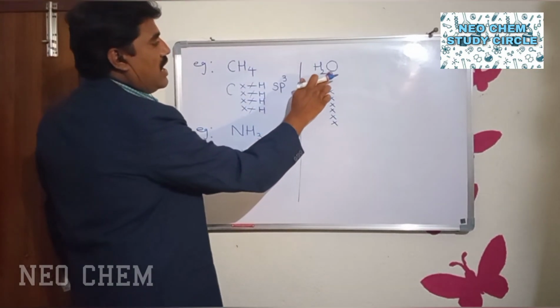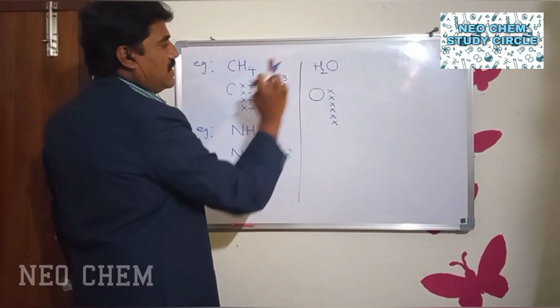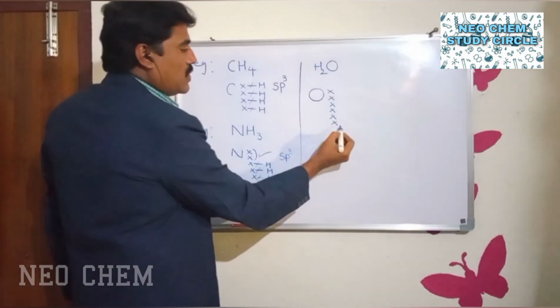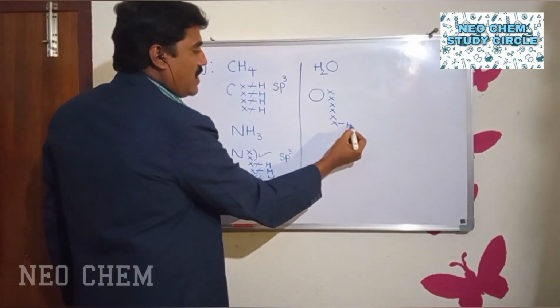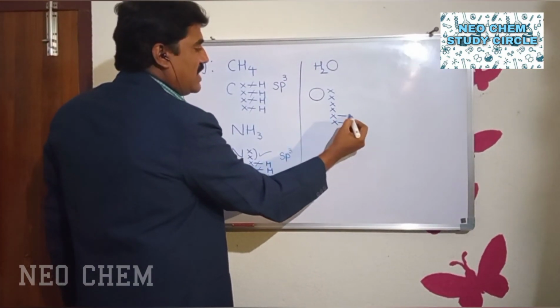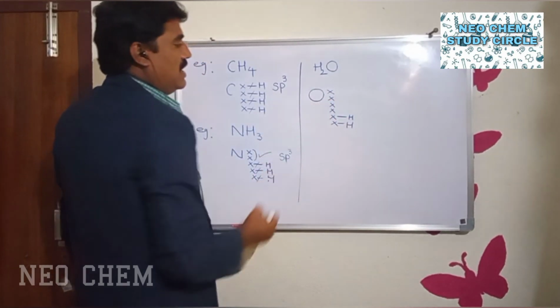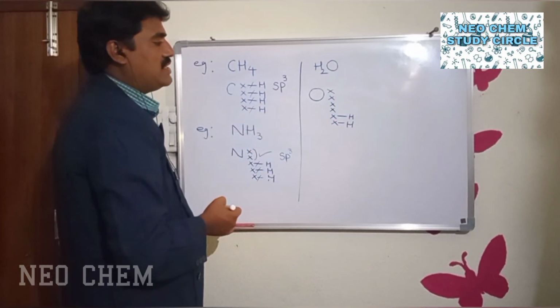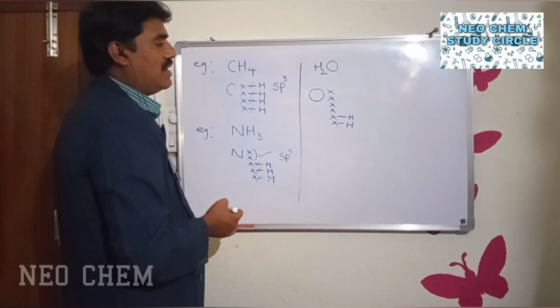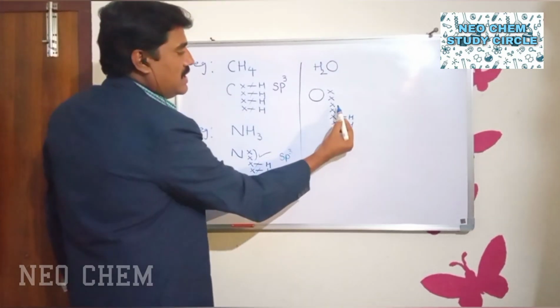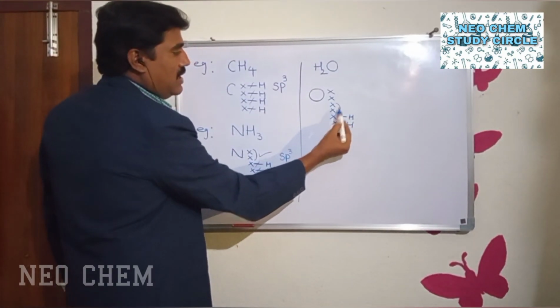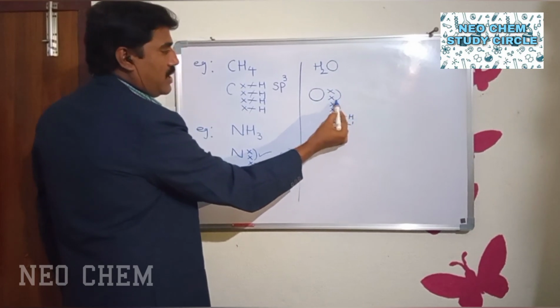Next, there are 2 hydrogen atoms with oxygen. So with the first electron, the first hydrogen atom; with the second electron, the second hydrogen atom. Next, how many lone pairs are remaining? There are 2 remaining lone pairs. This is the first lone pair, this is the second lone pair.